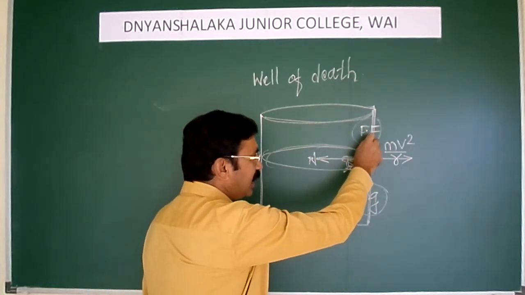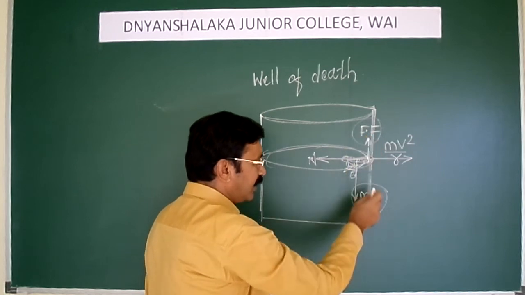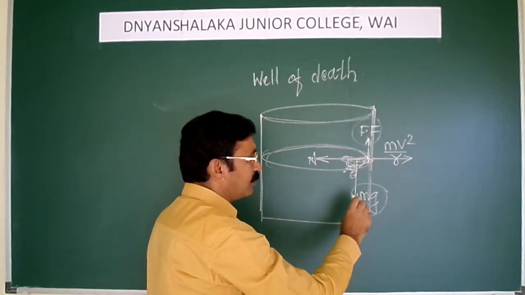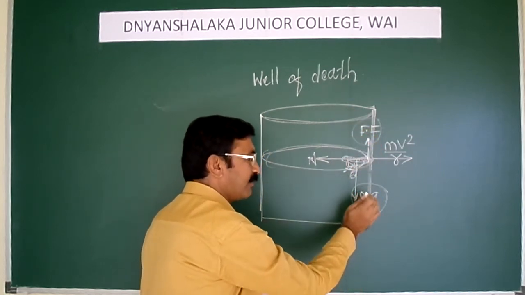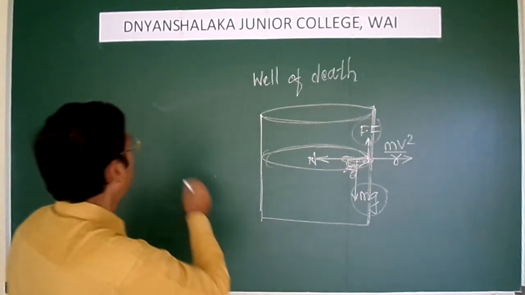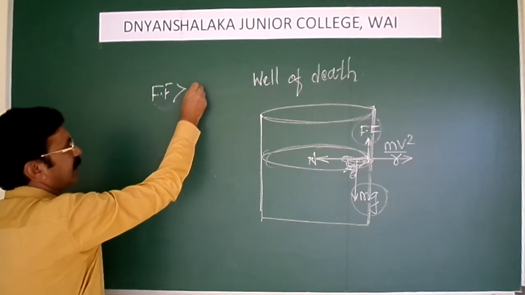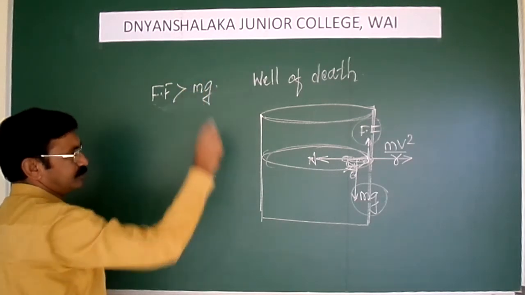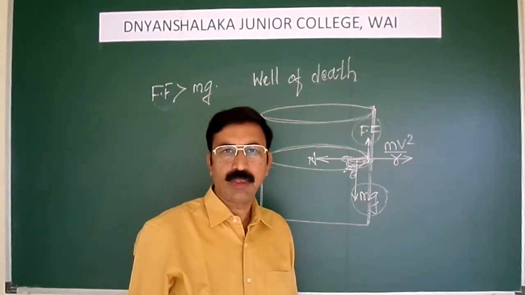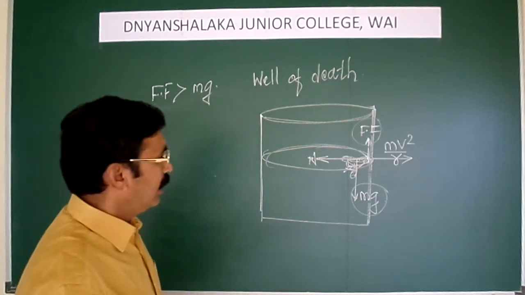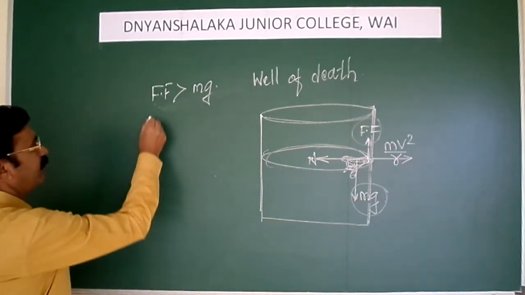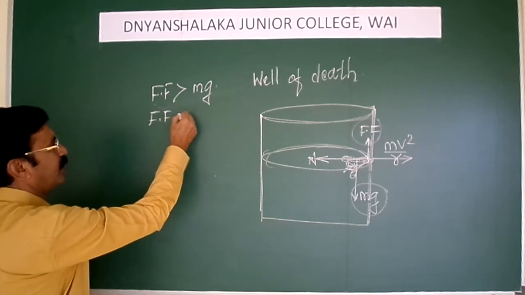So this frictional force should be equal to mg at minimum, or it should always be greater than mg. In equilibrium condition, we will consider this frictional force equal to mg.